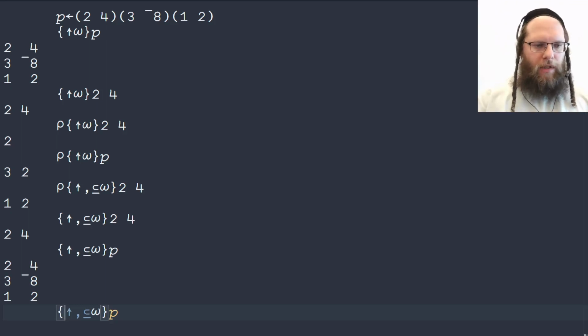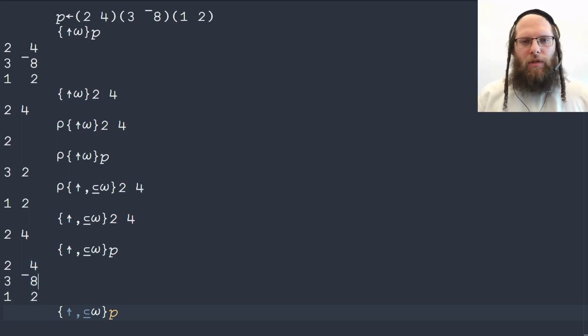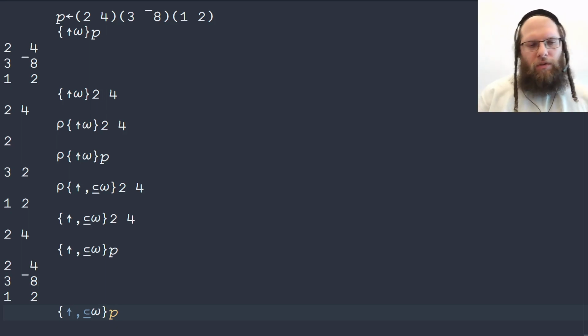Now, the next step is we want to get the diagonals. We want 2 paired up with -8, 3 paired up with 2, and 1 paired up with 4. APL works very much orthogonally with arrays: rows, columns, layers, not along diagonals.